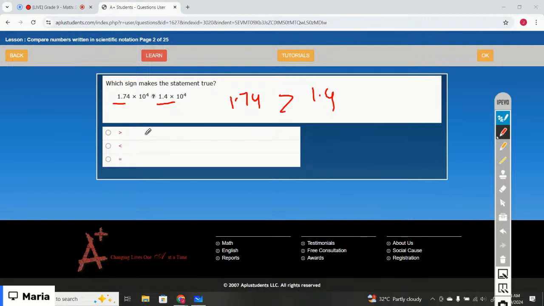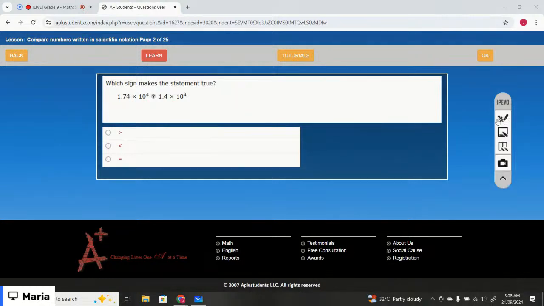Also have a look at their exponents. Here you have 4 and here you have 4. Their exponents are also equal. That means 1.74 times 10 exponent 4 is greater than 1.4 times 10 exponent 4. Got it? So option number 1 is the correct option. Greater it is.